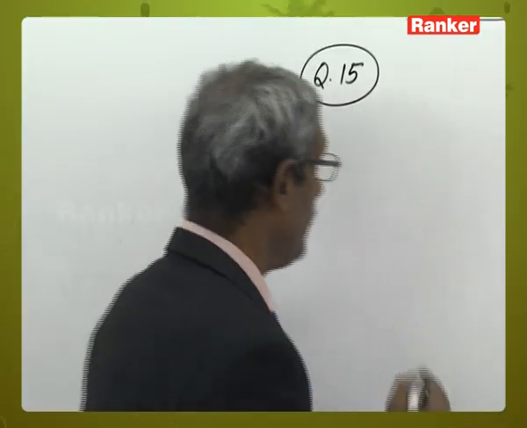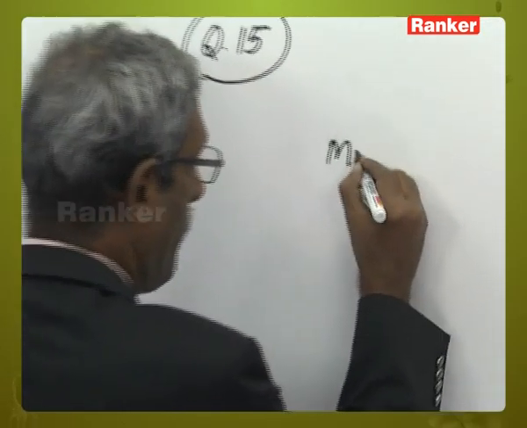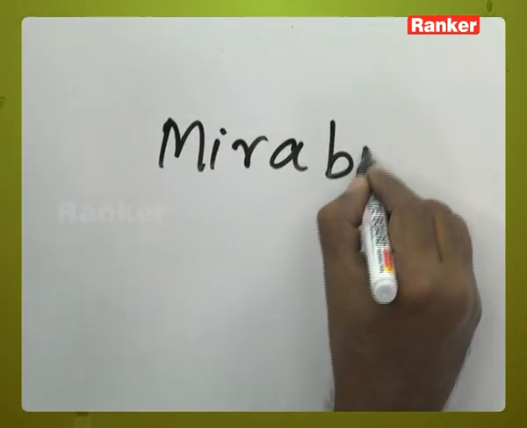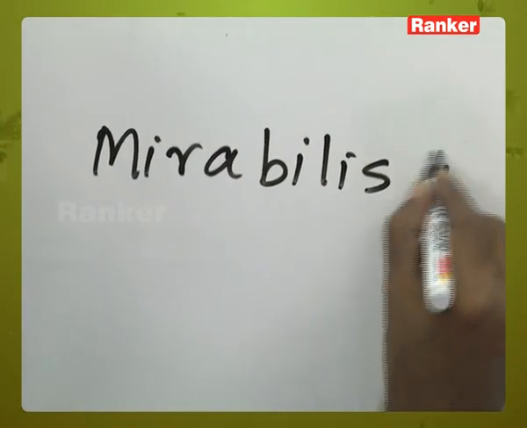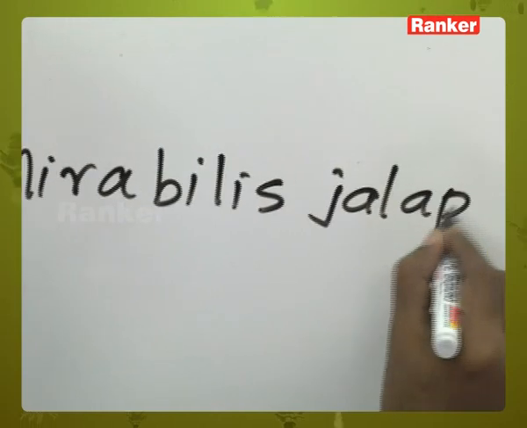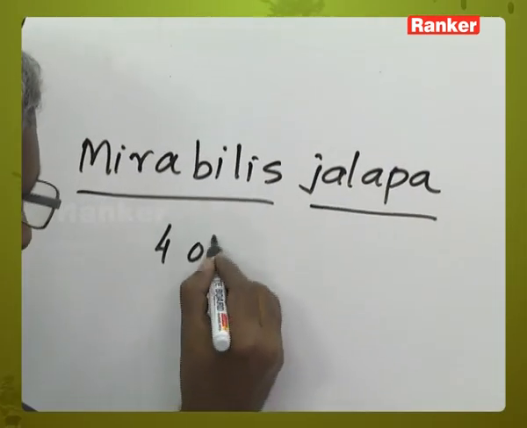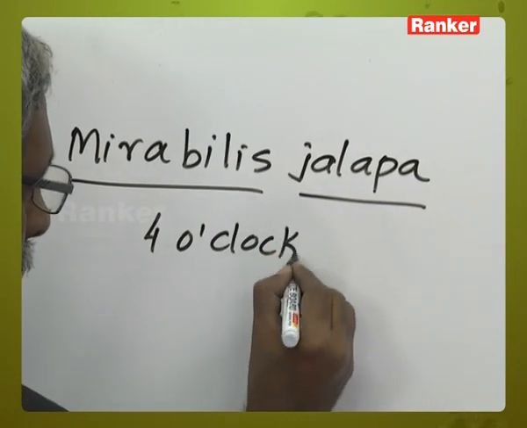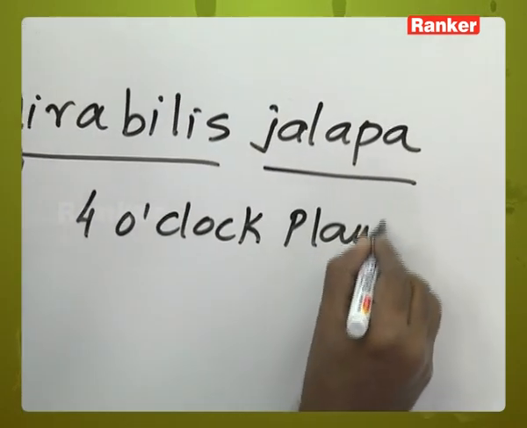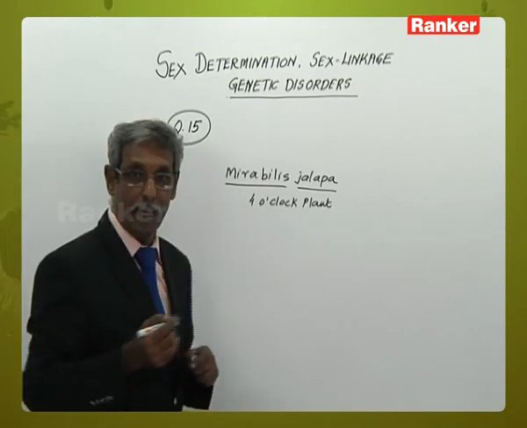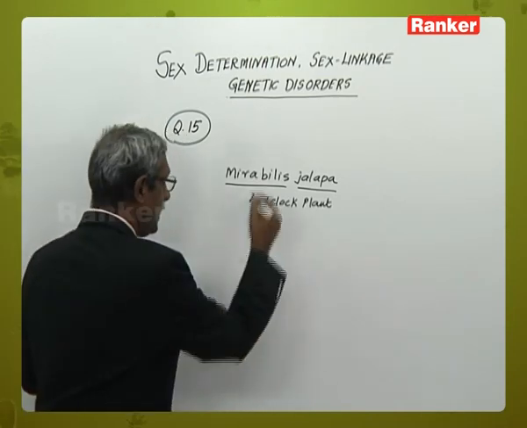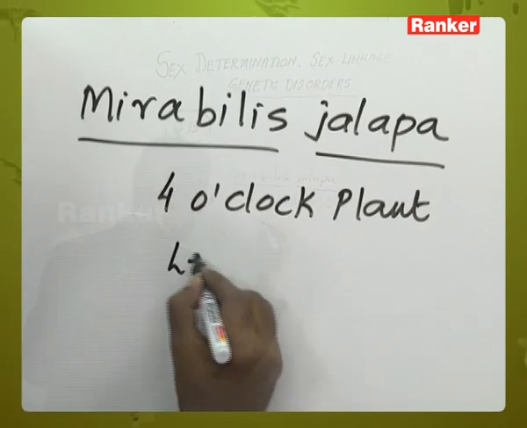So if you take Mirabilis jalapa, it is called the 4 o'clock plant because it flowers at 4 p.m. And we are looking at leaves.